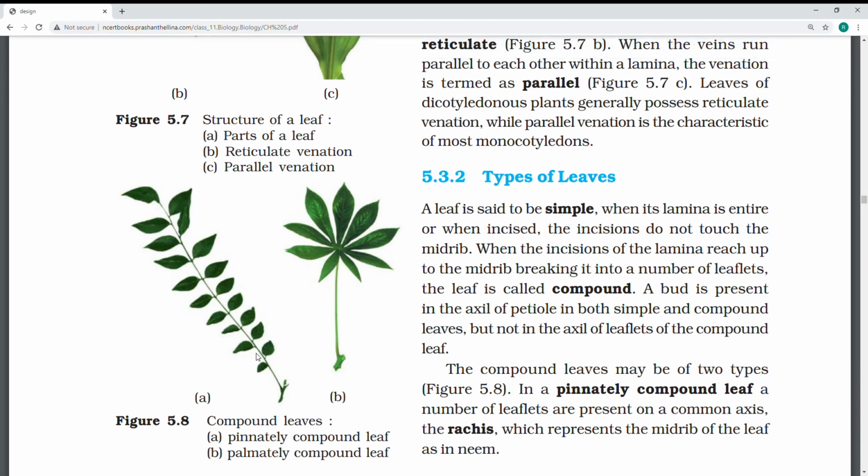What is pinnately compound? Nothing but the compound leaflets arranged on the rachis. At the center, the leaflets are arranged on that side and this side. That is called pinnately compound. The simple leaf is not dissected, only a single one. The compound leaf will have many.